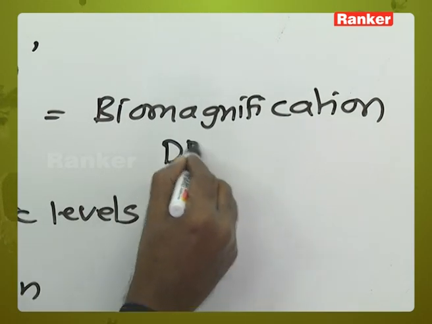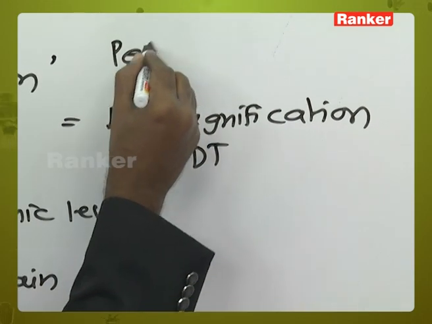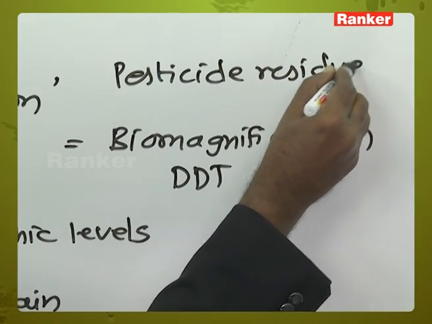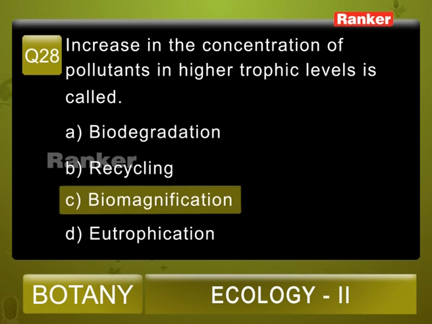Common example is the DDT, or even you have different pesticide residues. The answer is C.